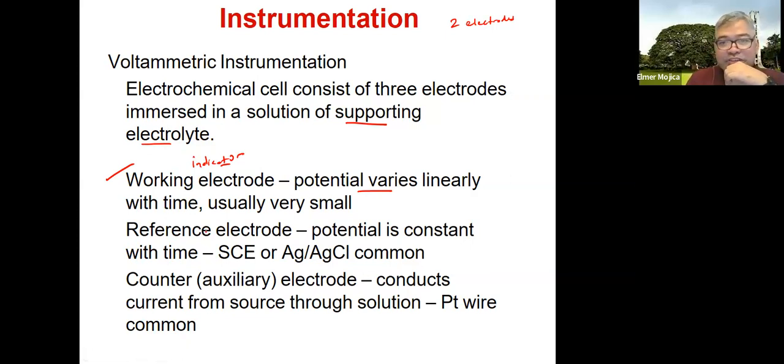Now, you might ask yourself, paano po sir kapag 2 electrodes lang but you're doing voltammetry? So, alin sa tingin nyo yung matitira dyan? Anyone? Para mag-open session tayo para at least hindi na lang ako yung nagsasalita.